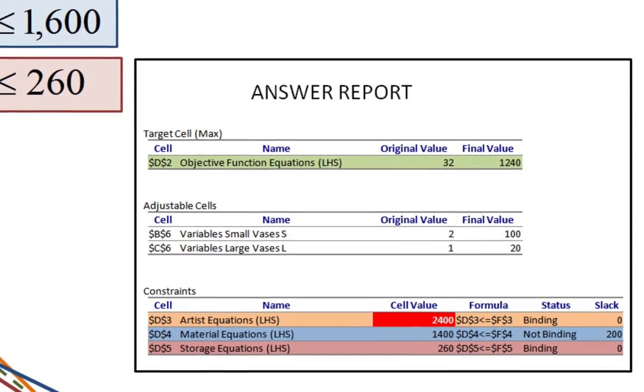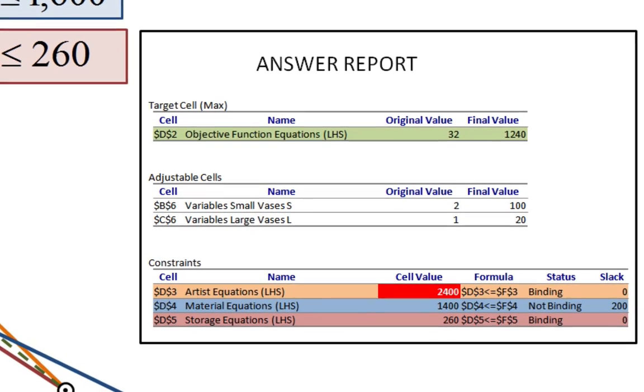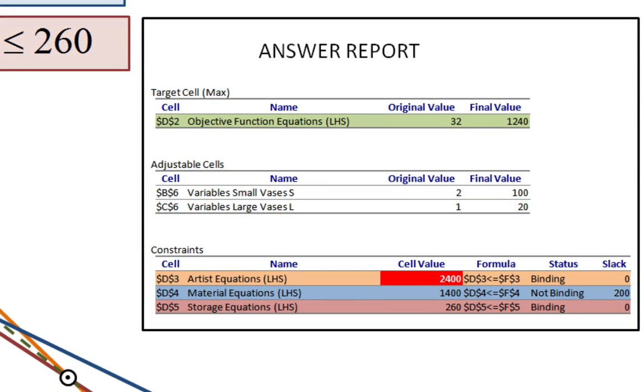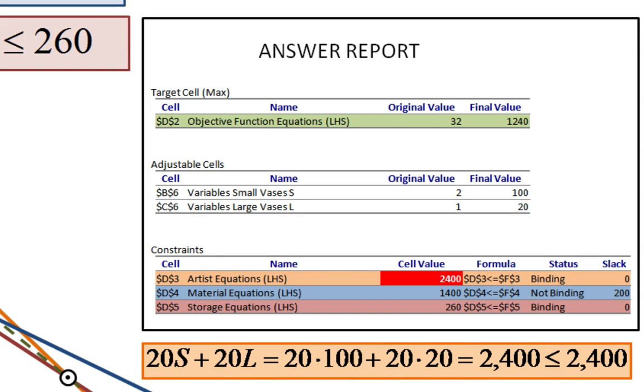Next, let's look at the row for the artist equation. Let's look at cell value 2400. What does that mean? Recall that the artist equation read 20s plus 20l less than or equal to 2400.